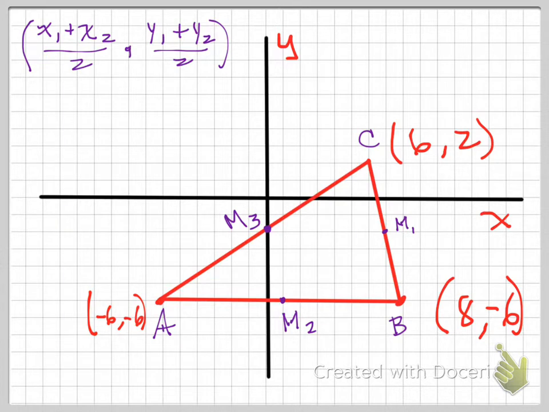So let's start with M1. We want a line that goes through point M1 but is perpendicular to this line. So you might ask yourself, well, what's the slope of this line? The slope of that line is 4 over 1, so that's a -4. So for a perpendicular slope, who remembers how to perpendicularize a slope?